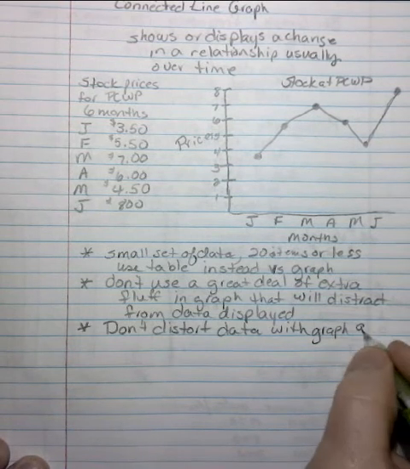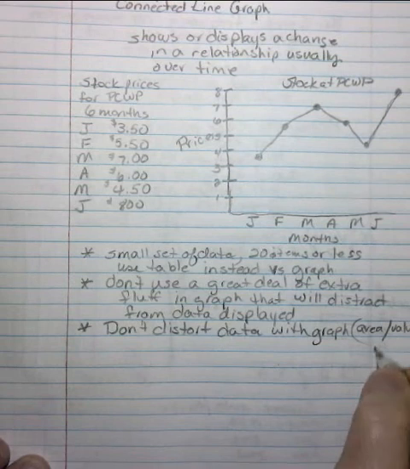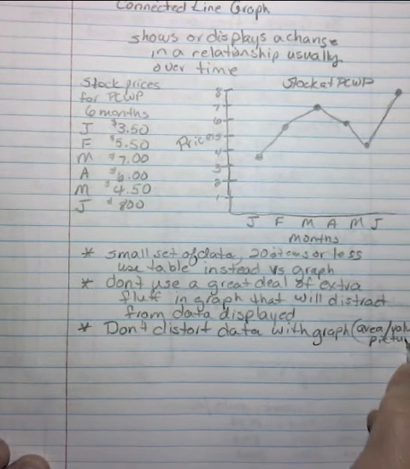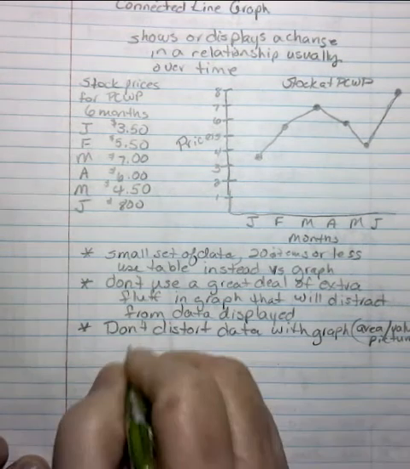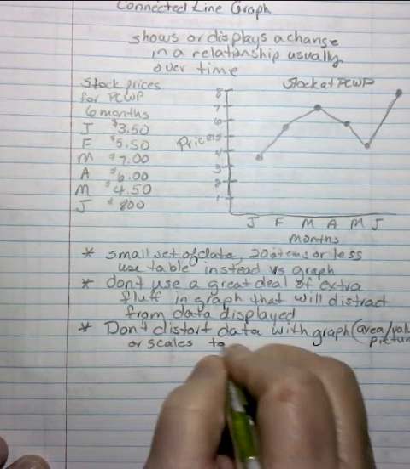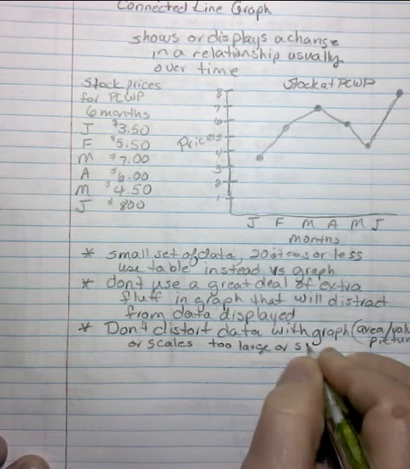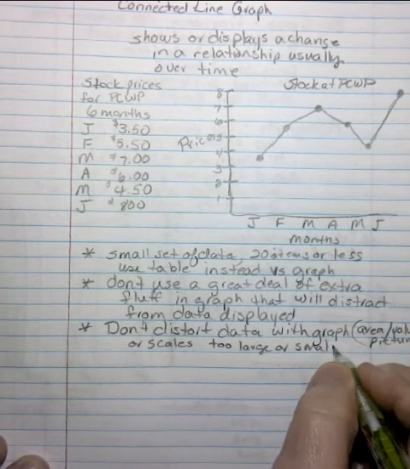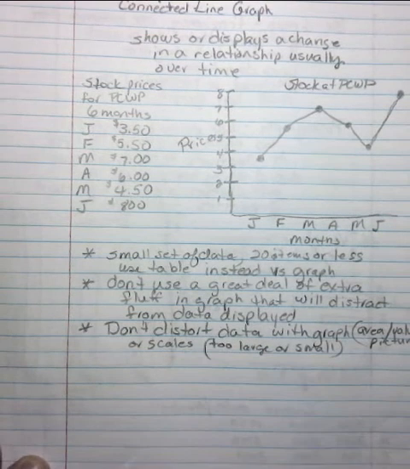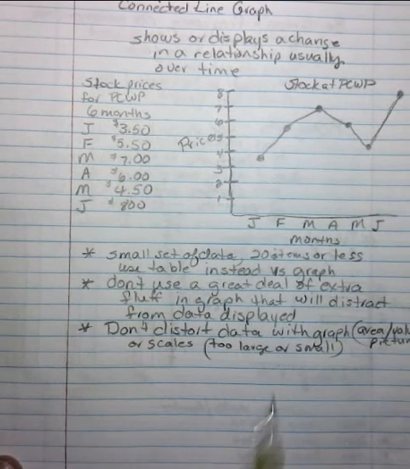In particular, this happens with area and volume with your pictures. If your scales are too large or too small, it doesn't show the change in the data correctly. So it's important to be very conscious about that.